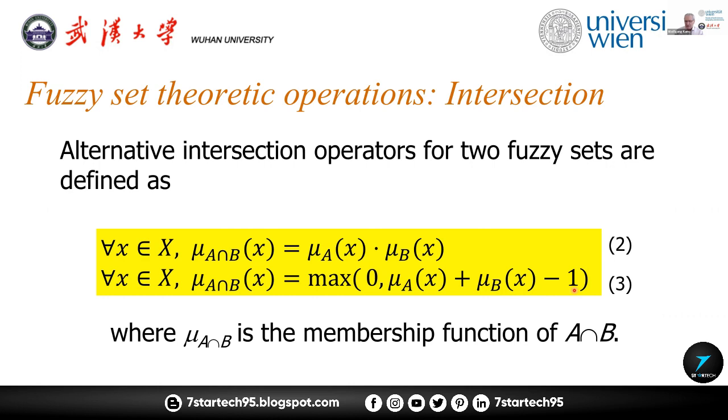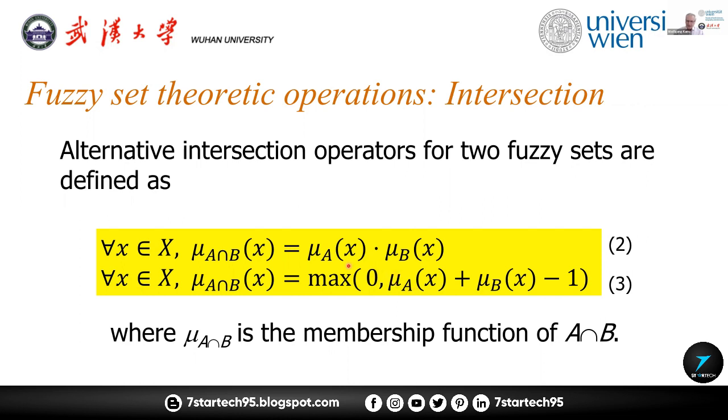Since all our membership values are between 0 and 1, the resulting values are also always between 0 and 1. For example, in the extreme case that both membership values are 1, in that operator we will have the maximum of 0 and 1 plus 1 minus 1. So that would be 2 minus 1, which is 1. So the maximum of 0 and 1 will be 1.